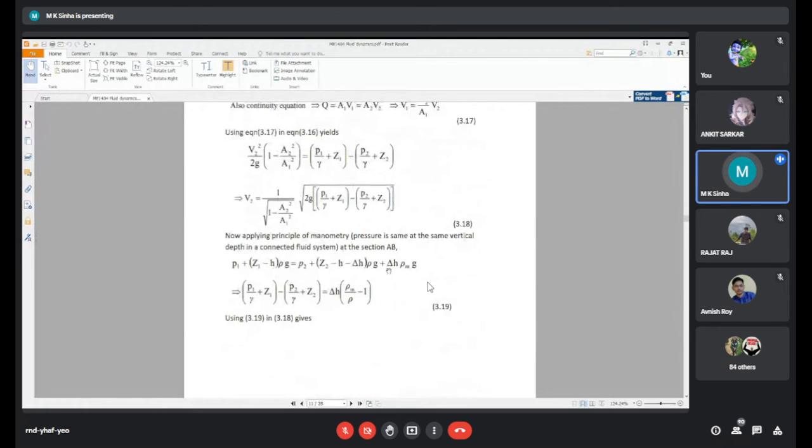So plus del H into rho m, the manometric fluid density, into G.